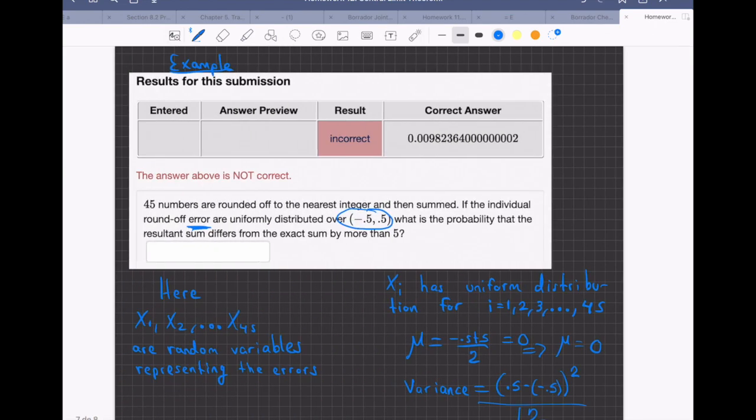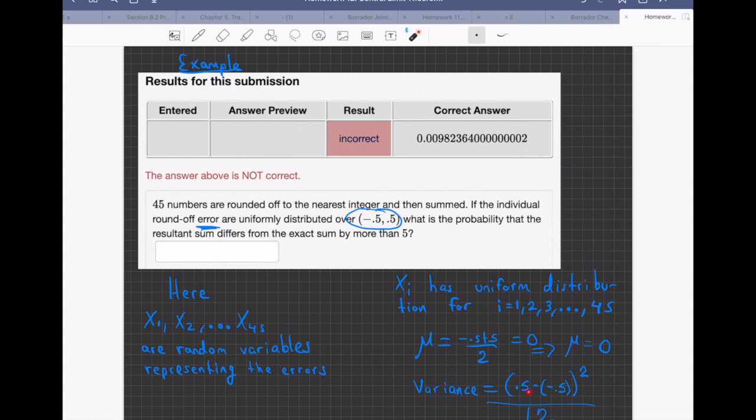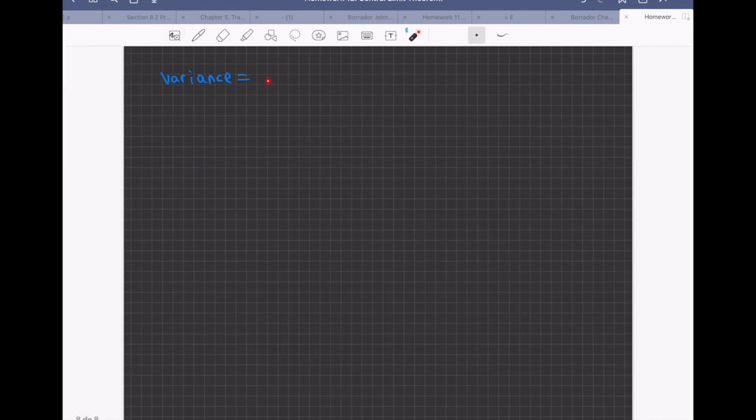And if you do this, you will realize that the variance is equal to 0.5 negative, negative 0.5 and negative and negative positive. So we have 1 squared, so it's only 1 over 12.